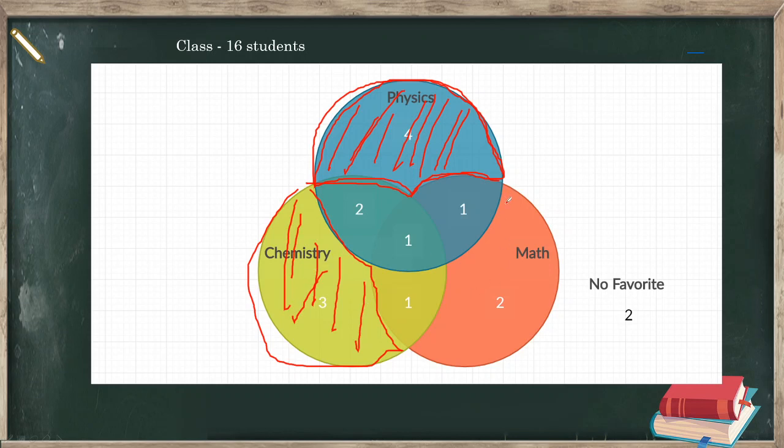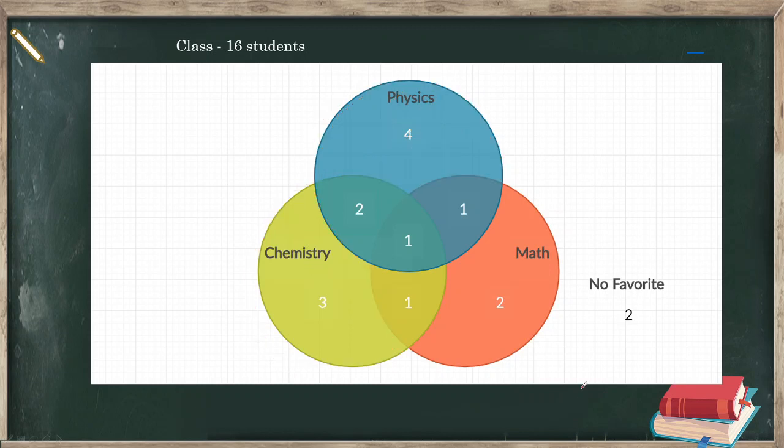Same thing for math. That is the use of this Venn diagram. By just making diagrams of sets, we can understand many things by looking at these diagrams.